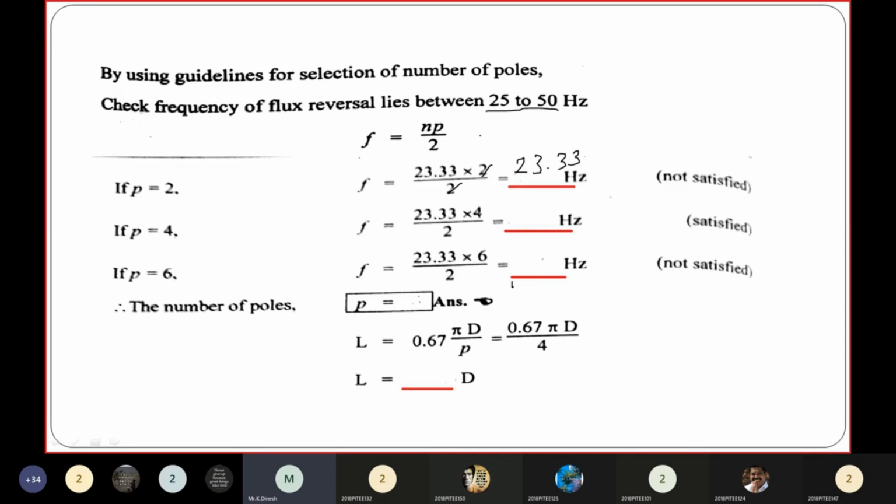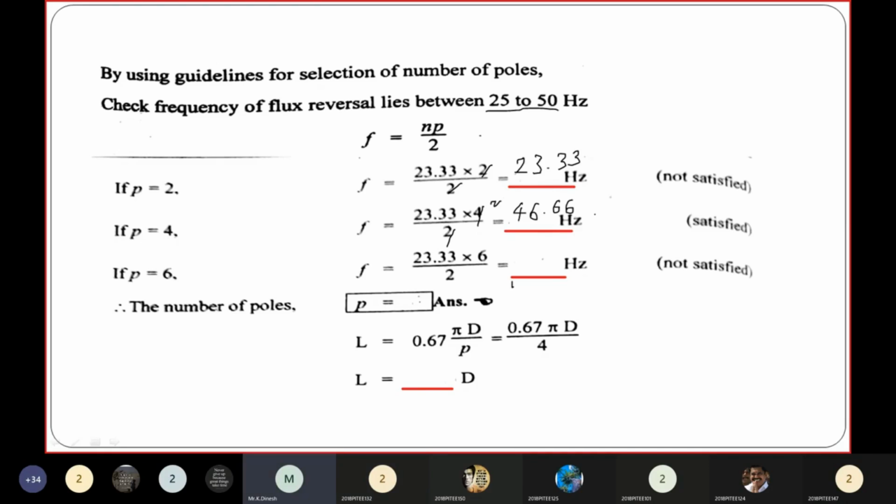Correct? அடுத்தாப்புல வந்து பாத்தீங்கன்னா when P equal to 4, F is equal to N is 23.33 and pole is 4. So இங்க வந்து 2க்கு 2 cancel ஆயிடுமா? 23.33 into 2. What do you get? 46.66.